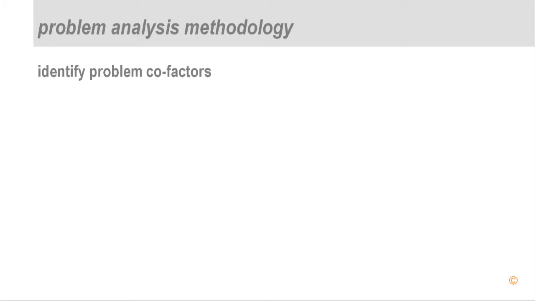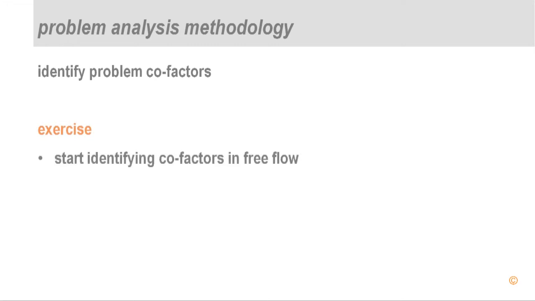So for each of those problems you have listed, you are now asked to identify the cofactors to each of those problems. The exercise asks you first to do a free flow, so list any cofactor you can think of.